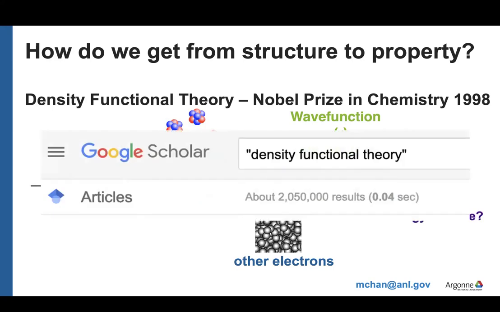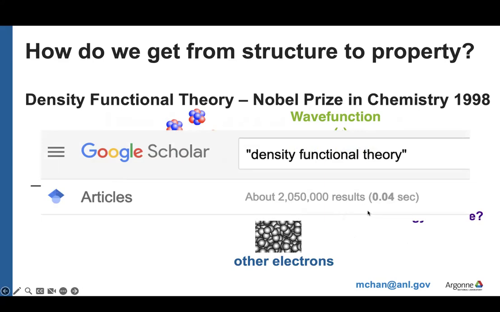I don't have to belabor that. But I was curious, how big is density functional theory? I did a Google Scholar search, and it gave 2 million results. Now, not all of that will be materials. There is nuclear density functional theory, but it's a much smaller field. So most of this will be chemistry and materials.